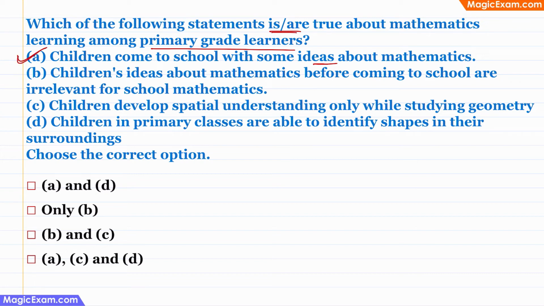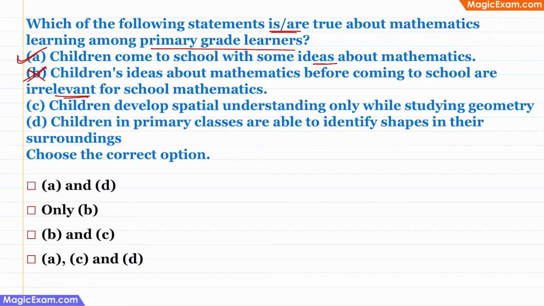Next, children's ideas about mathematics before coming to school are irrelevant for school mathematics. This is absolutely incorrect because the ideas that children already have about mathematics, about numbers, the concepts that they have already thought of, understood, they might either be correct or incorrect, but they definitely influence what they are going to learn in the school.